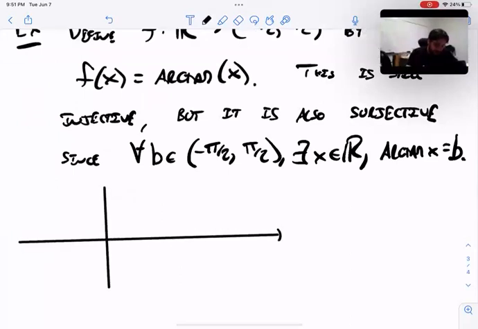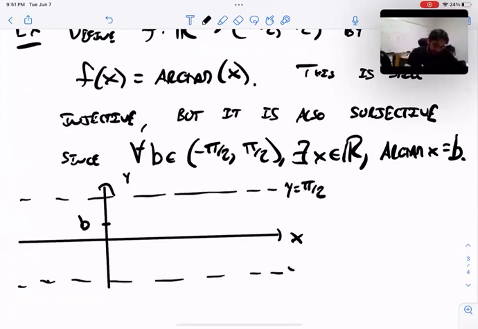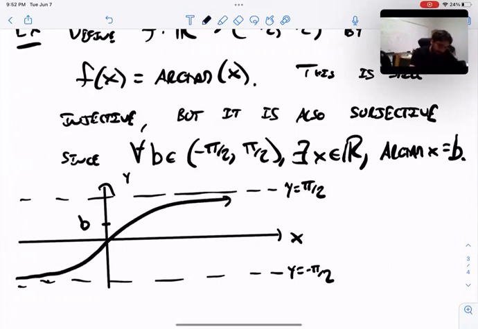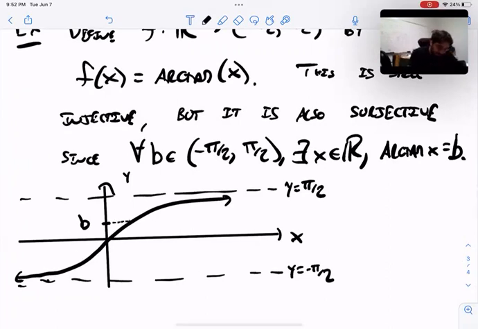If you choose any number b between pi over 2 and minus pi over 2, then take b out over the graph, and there will exist some x that gets mapped to b.